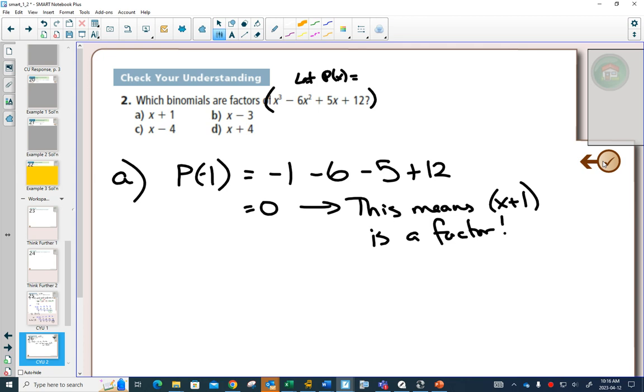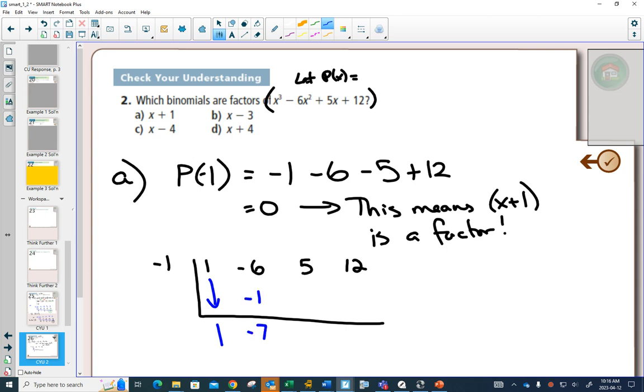We could have also found this out by using synthetic division. In this case, it's written in the right order. There's nothing missing, so I don't have to add any zeros. If I'm dividing by x plus 1, a -1 would come out in front. And a reminder of synthetic division. Bring down the first number. Multiply, then add.